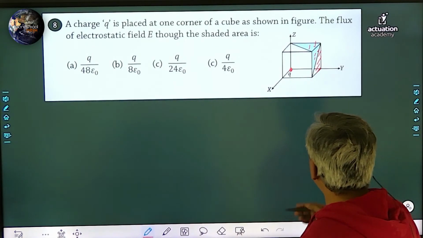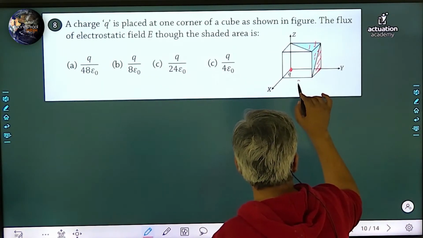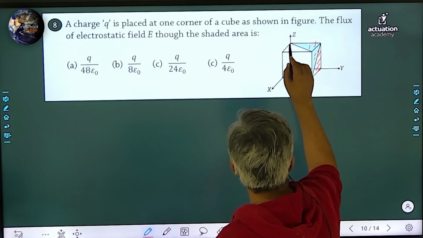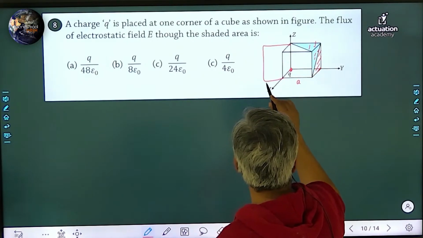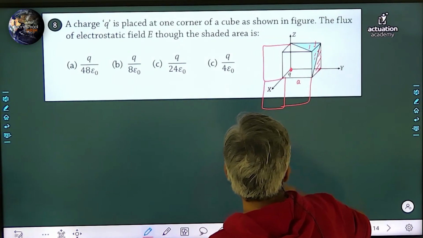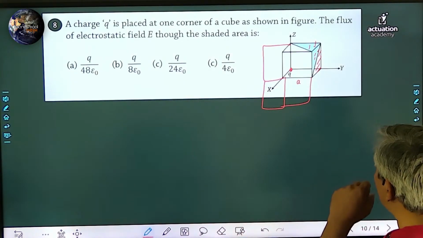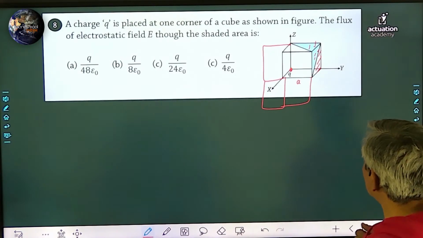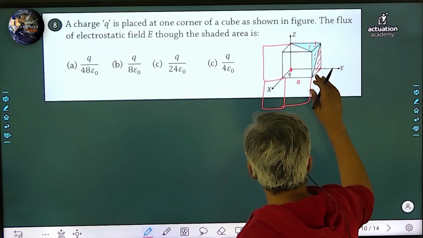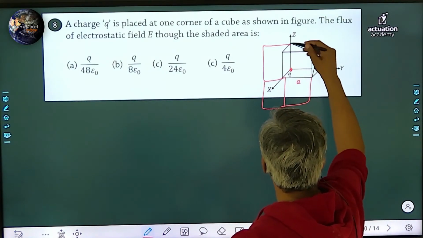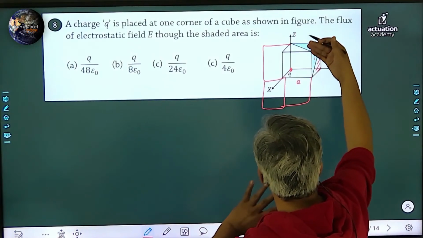Let's assume the side of this cube is A. To create this symmetry, we need to create more cubes here, here, and here, so that this charge will be at the center. The same way, cubes will go at the back.